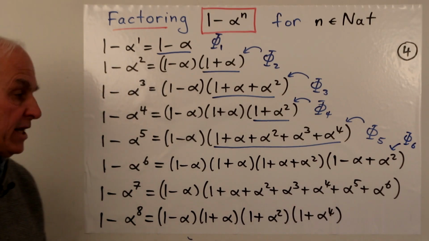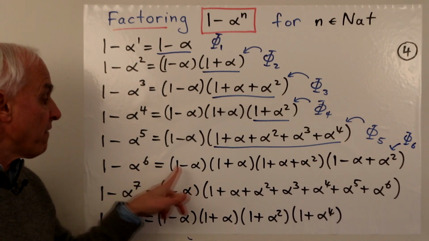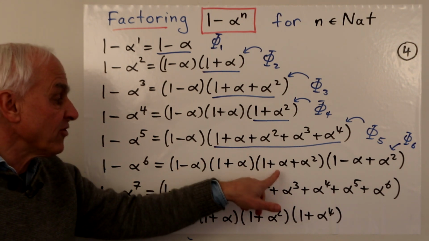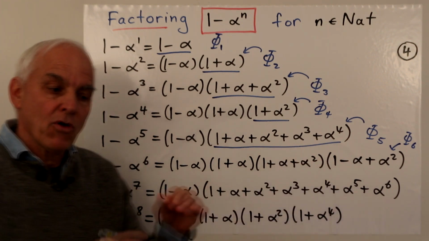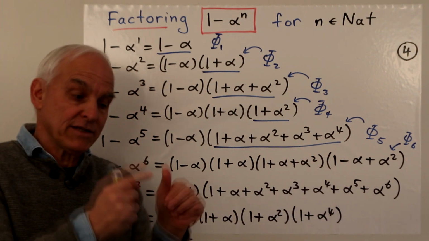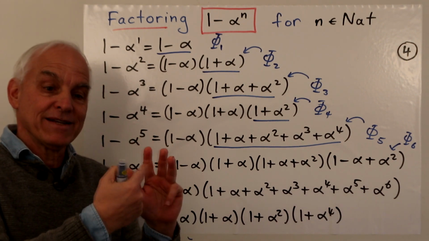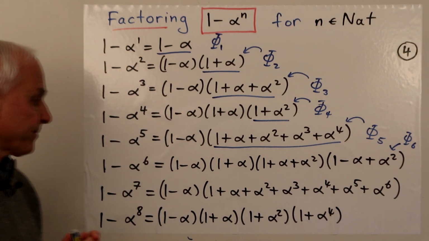So let's just pause here and note that this thing here is indeed the product of phi sub 1 times phi sub 2 times phi sub 3 times phi sub 6. So we're running through all the divisors of 6, 1, 2, 3, and 6, and taking the product of the cyclotomic polynumbers for each one of those divisors.